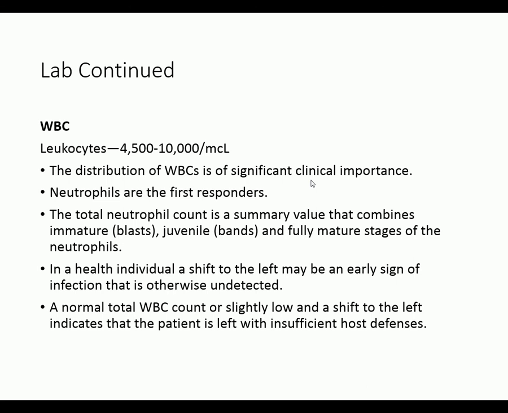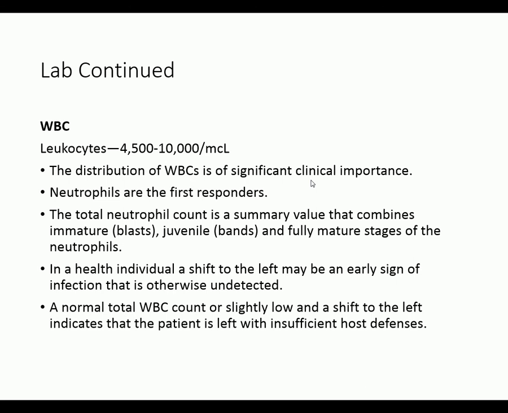Neutrophils initially detect the presence of foreign antigens and initiate that immune response cascade that we talked about a little earlier. Only the fully mature and some of the juvenile neutrophils are useful in the defense. The bone marrow will release large amounts of relatively immature cells as a compensatory mechanism to combat severe infections.